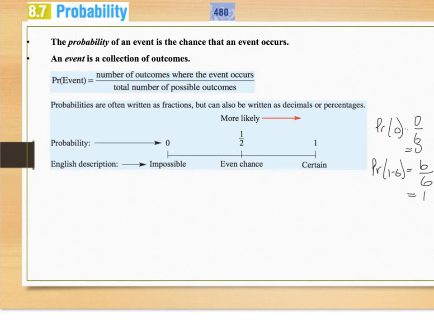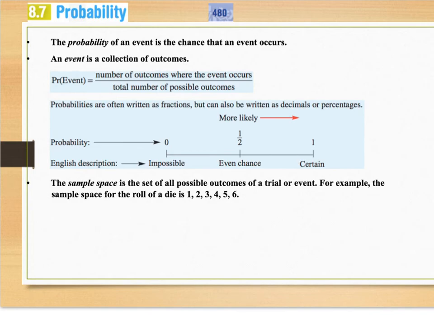Now, just quickly showing you what we mean, you can also do this. A half, if I do this as a decimal, is 0.5. And 0.5, to write that as a percentage, is a 50% chance. So any one of these three, a fraction or a decimal or a percentage, means exactly the same thing.